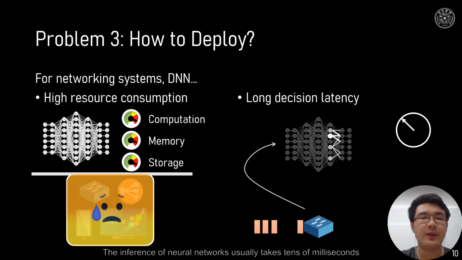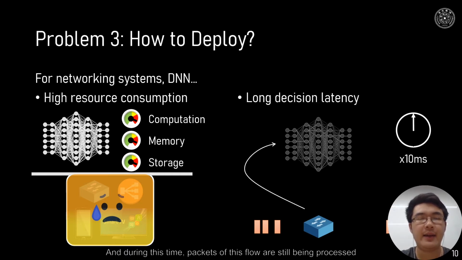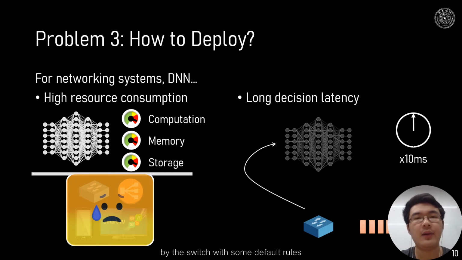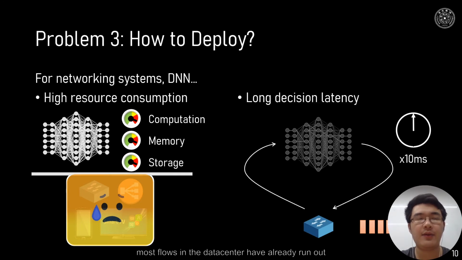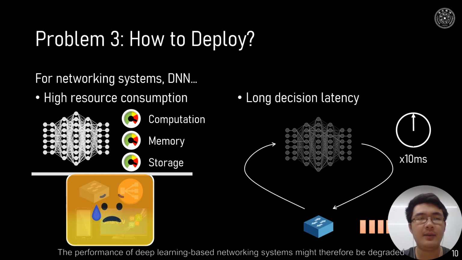The inference of neural networks usually takes tens of milliseconds. And during this time, packets of this flow are still being processed by the switch with some default rules. When the scheduling decisions finally come back after tens of milliseconds, most flows in the data center have already run out. The performance of deep learning-based networking systems might therefore be degraded.